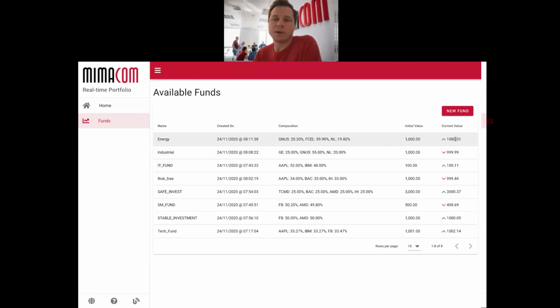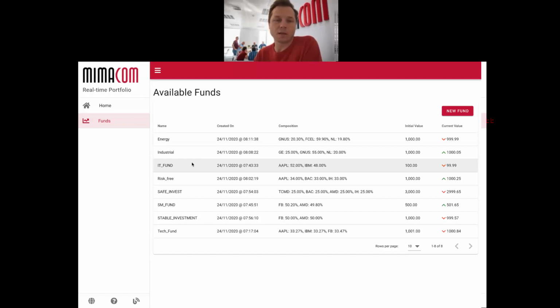The current value of this fund changes in real time here on the right side. And all other funds show the same information, the composition into unique assets, current and initial value.